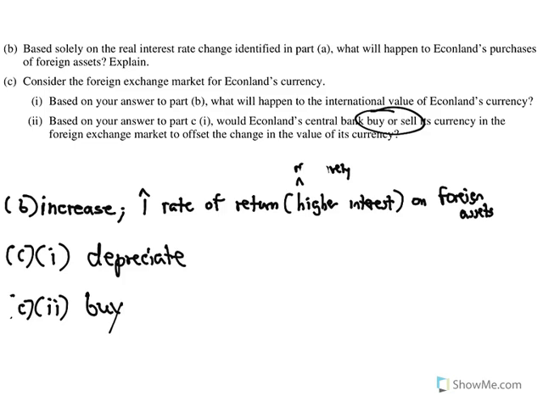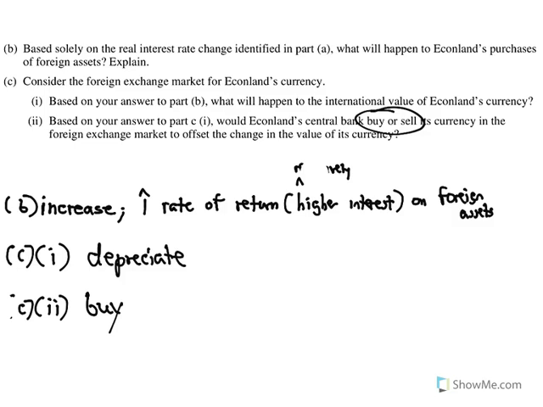So why is that? Well, think about this. We want the currency to appreciate, right? Because it depreciated in the previous part of this question, C1. So how do you get the currency to appreciate? Well, what you want to do is you want to restrict the supply of the currency and suck it out so the currency is scarcer, which means it becomes more valuable, which means it appreciates.